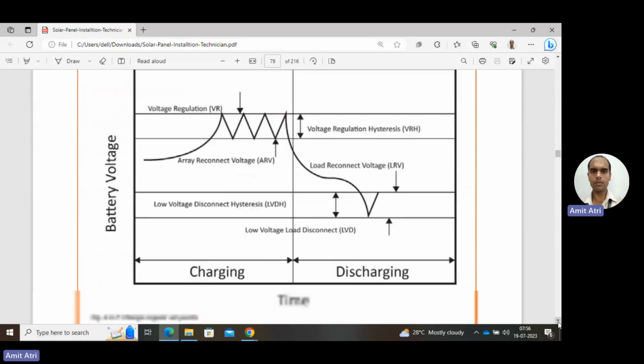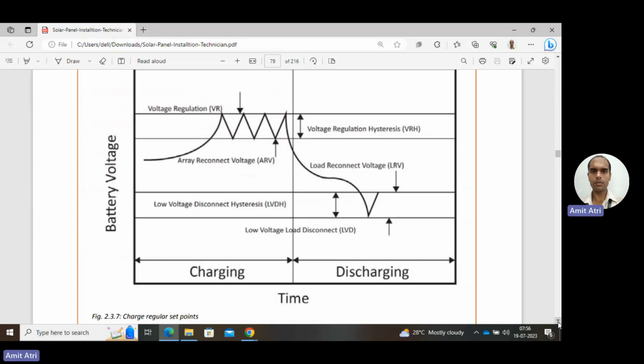So here in the diagram, both of these values are shown in the charging as well as the discharging. Voltage regulation is the maximum point. Voltage regulation hysteresis is the range for disconnecting and reconnecting the array. Next, in the discharging state, there are the load reconnect voltage and the low voltage disconnect.